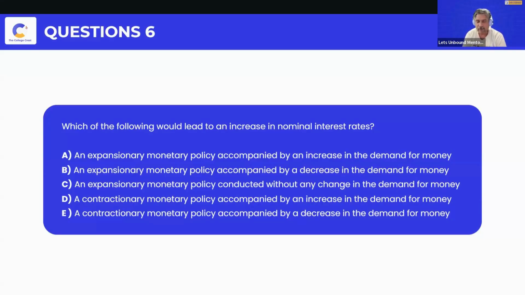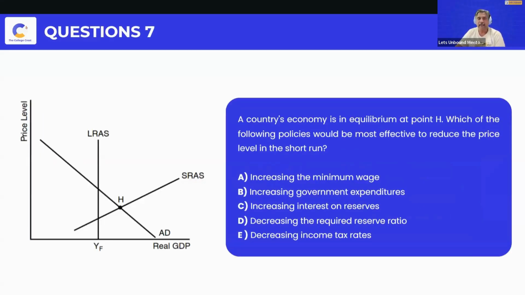Okay, that the government is also trying to contract the monetary policy, and it is also basically restricting the supply of money. And on the other hand, there is an increase in demand simultaneously. So overall, this would lead to an increase in the interest rates, because there would be a greater demand and a lesser supply, which would definitely result in an increased interest rate.